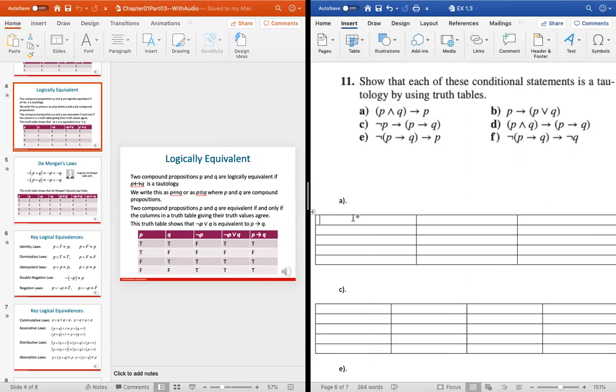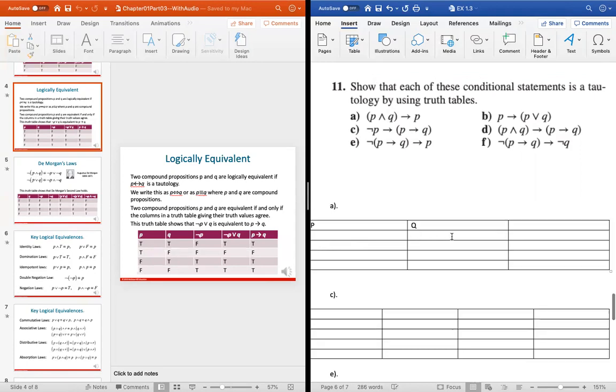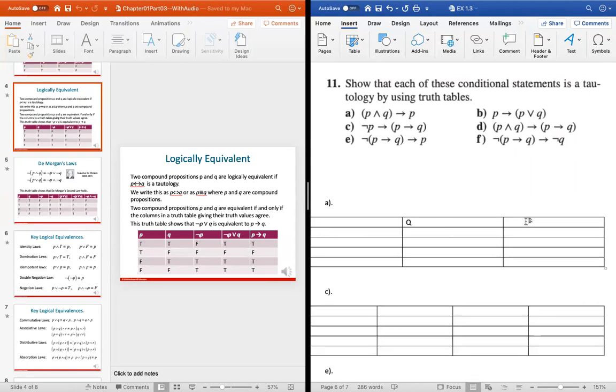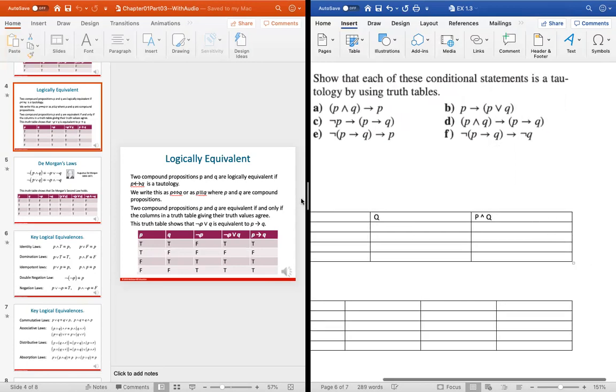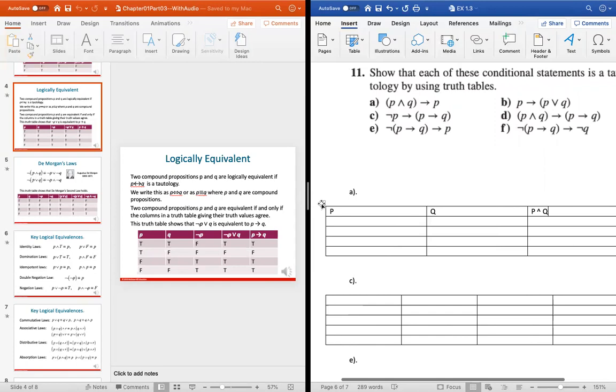Okay, so let's start with problem number A. So we have this P, and then we have this Q, and then we have this P and Q, and then we can add more table columns on the side.